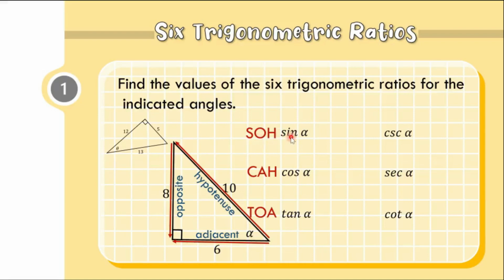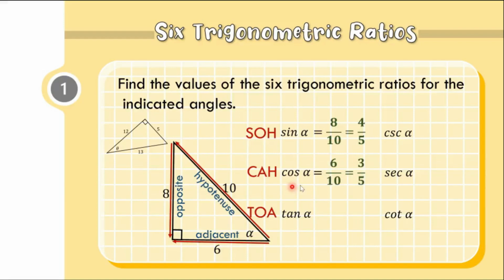Start with the sine function. So we have sine is equal to opposite, which is 8, over hypotenuse, which is 10. Therefore, sine alpha is equal to 8 over 10, or 4 over 5 in simplest form. Next, cosine alpha is equal to adjacent over hypotenuse.